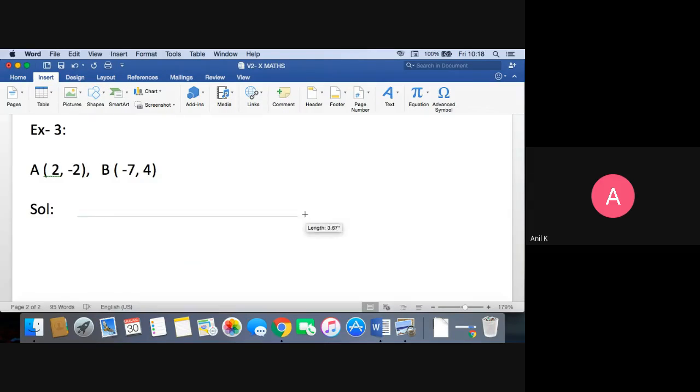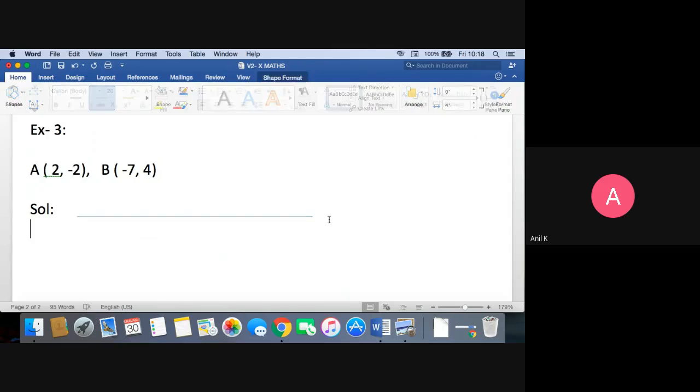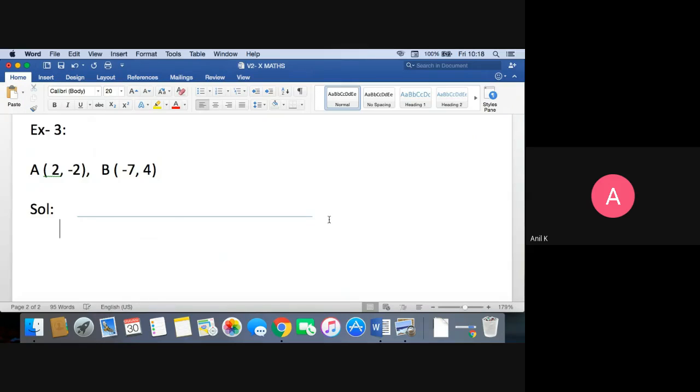So if I take the line segment maybe till here, I'll take the first point as A. This is the given point, and my last point is B. Okay, A and B points I have taken.